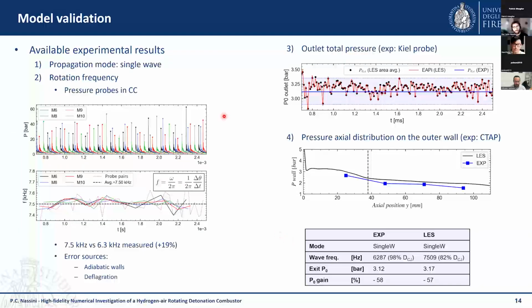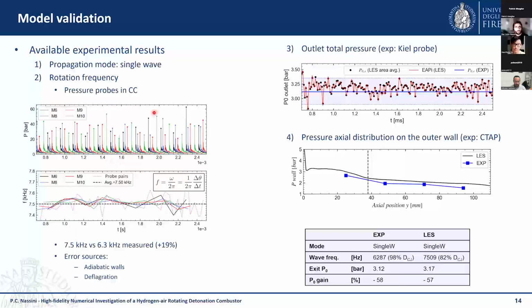Before looking at results, it's very important that any numerical model is validated against experimental results. So we did a comparison of our model to any measurements we have for this specific condition. We have, of course, the single wave mode, which is matched in our simulation, as you were seeing in the previous videos.